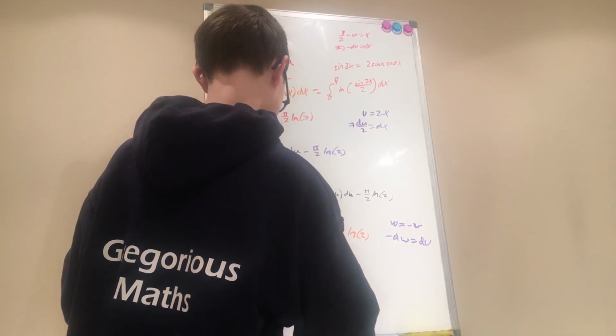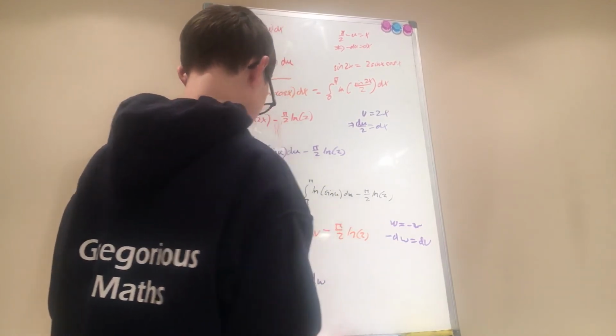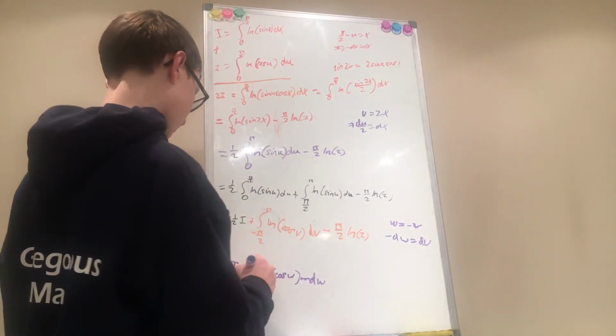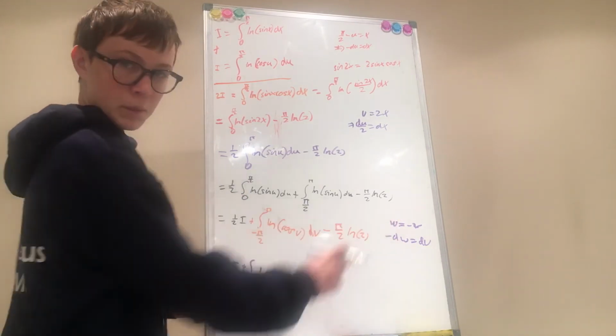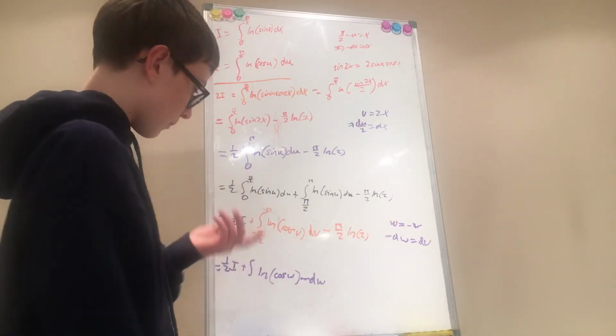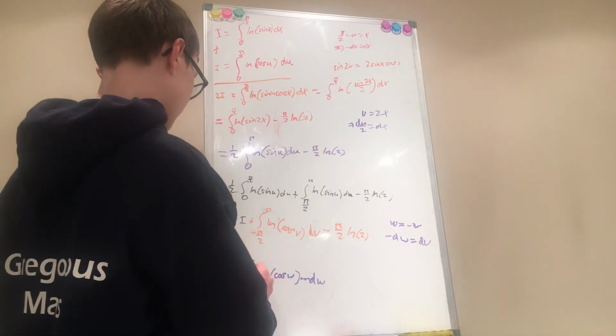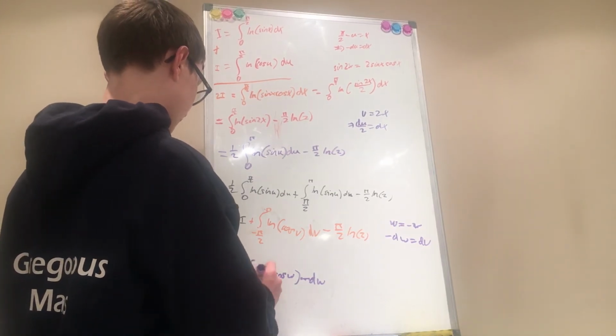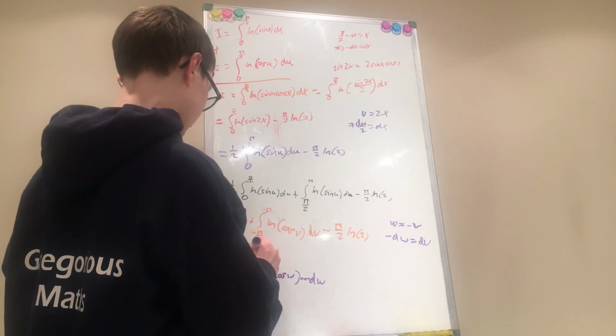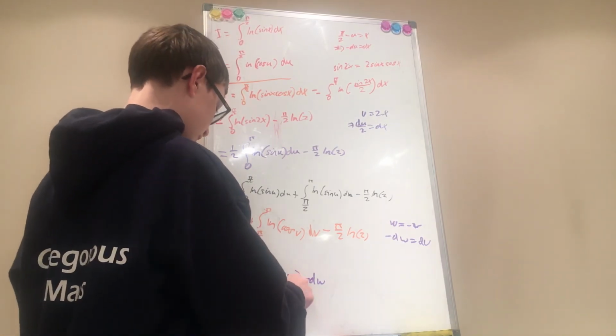Negative dw times. Okay, but this is going from, when v is negative pi over 2, w is positive pi over 2. When v is 0, w is 0. Thankfully, we can do the same thing.